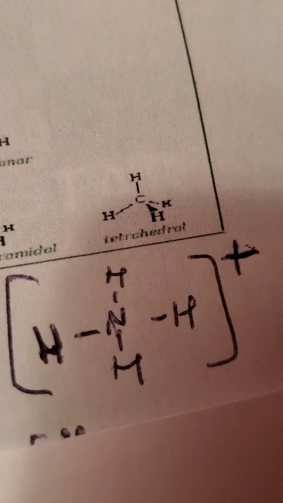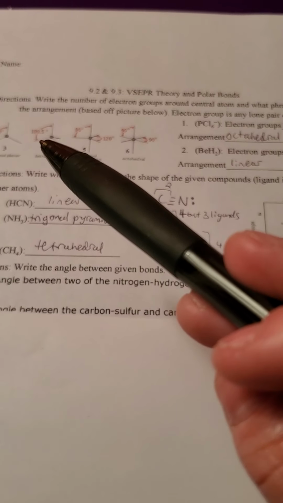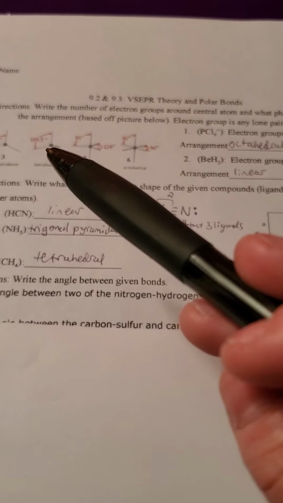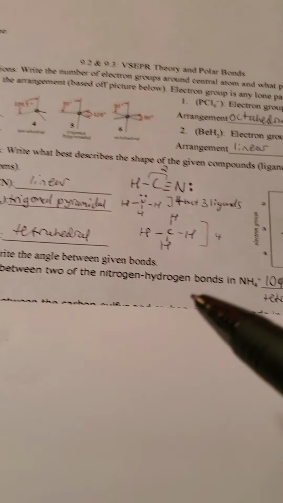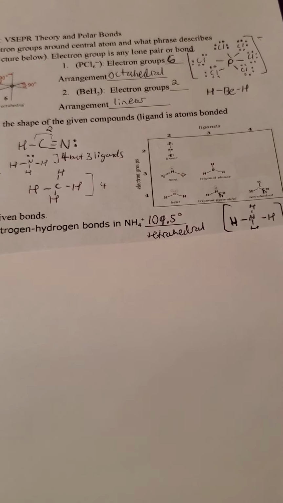And so with that, there's just 4 of them. And so that would be tetrahedral again, because if we look here, their angle is 109.5 degrees. So this means that it's just 109.5 tetrahedral between all of these bonds, the nitrogen and hydrogens.